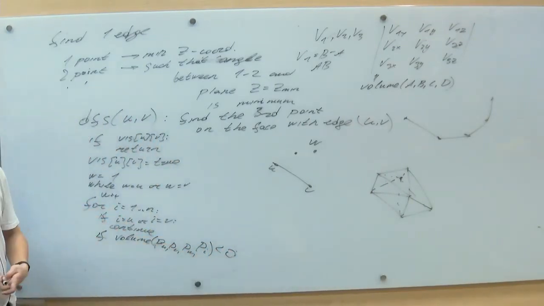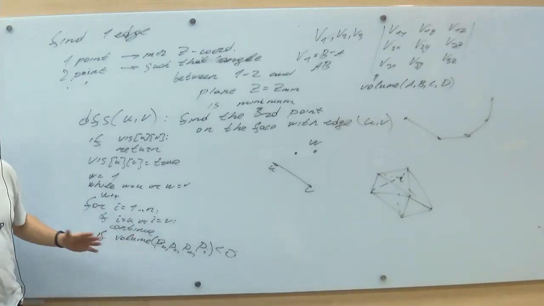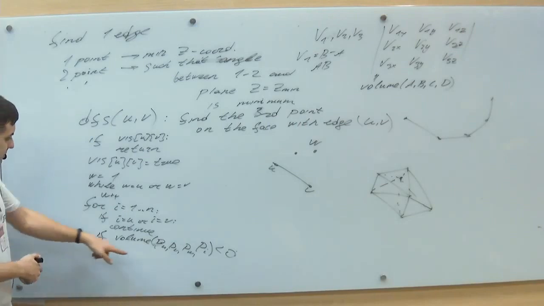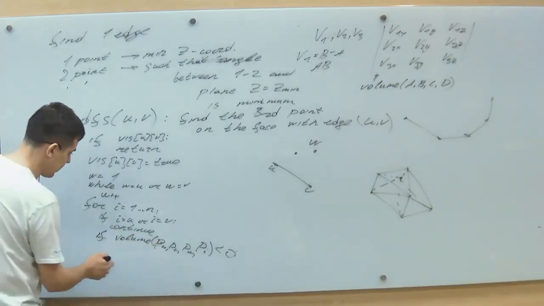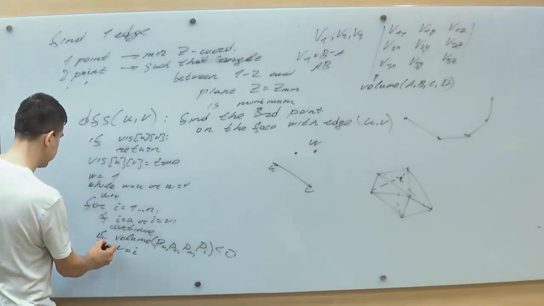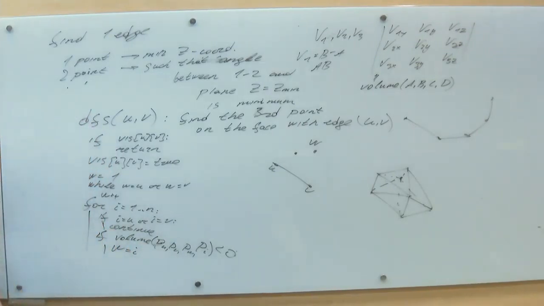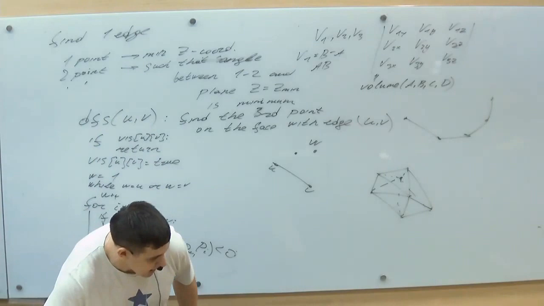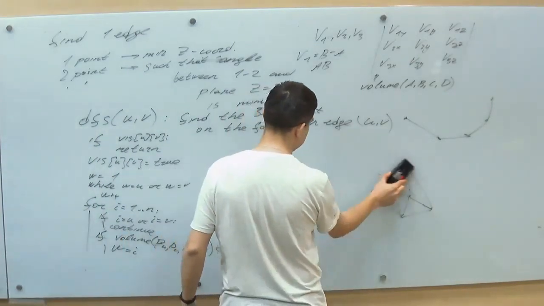Again, this does depend on sign, so check if the orientation is correct, or maybe the order of points might be different for you. So if volume here is negative, we replace W with I. And that's it. So now we found the face, which is a triangular face. I can print it, for example.